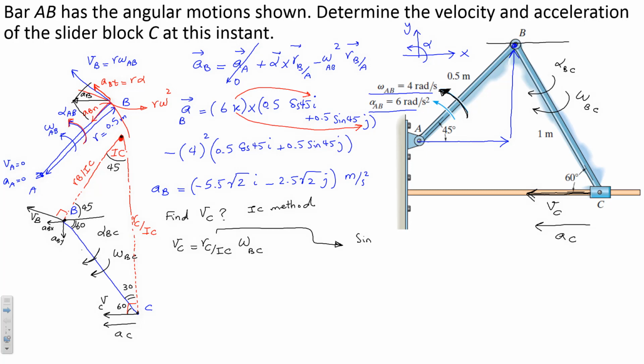Let me use the sine law to find the RC/IC. So RC/IC divided by the sine of the opposite angle, sine of 105, is equal to RB/IC divided by sine 30, and that is equal to 1 divided by sine 45.